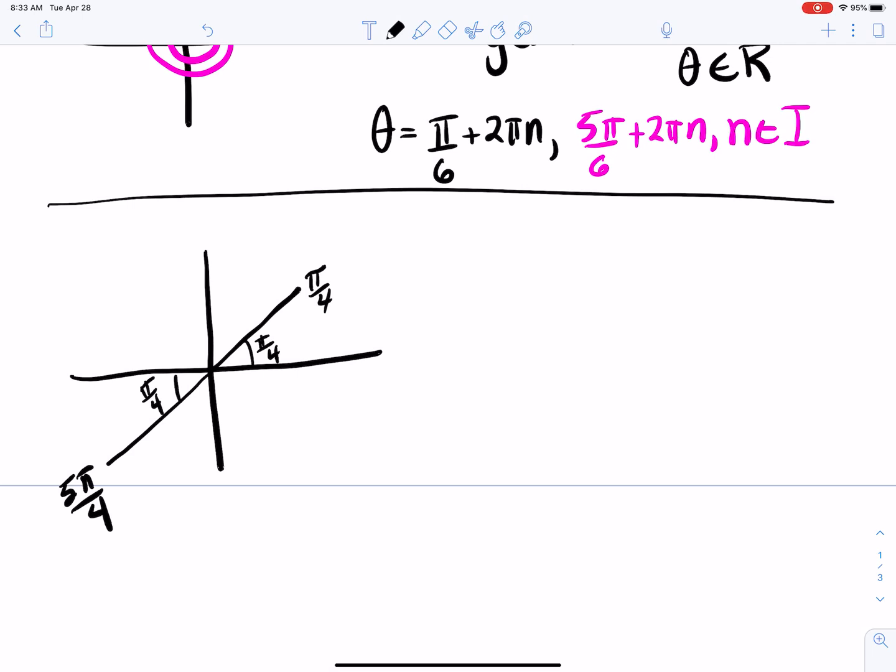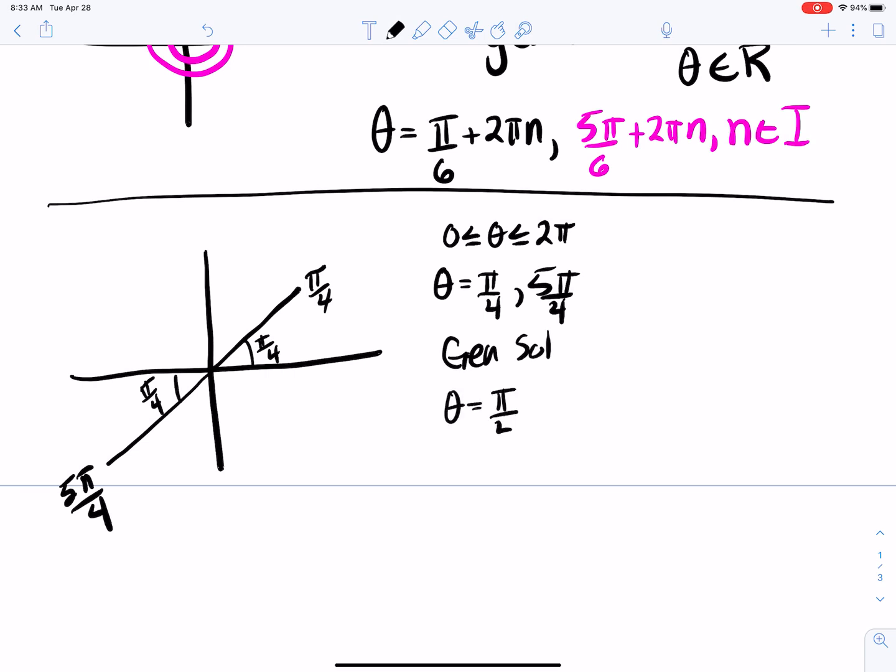If I were to solve this in the domain between 0 and 2 pi, my answers would be pi over 4 and 5 pi over 4. And what you may think, if I'm asking for the general solution, is, oh, okay, I'm going to do this, add a rotation, and then I'm going to do 5 pi over 4 and add a rotation.